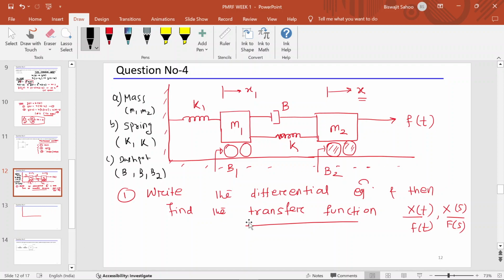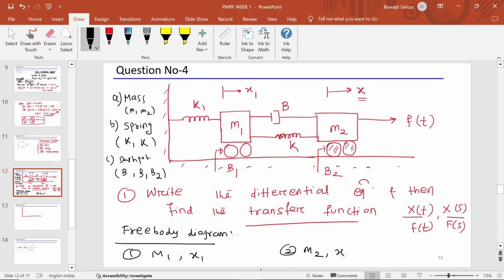So to solve this equation, first you draw the free body diagram of both bodies. Two bodies are there, mass M1 with displacement x1, and here M2 having a displacement of x. Individually you have to consider them.